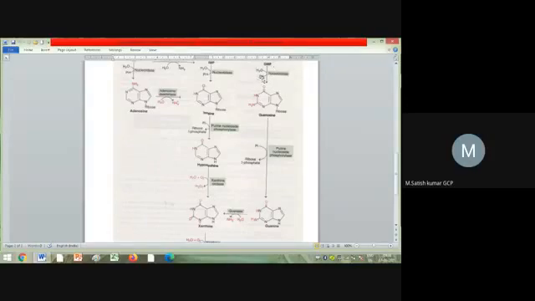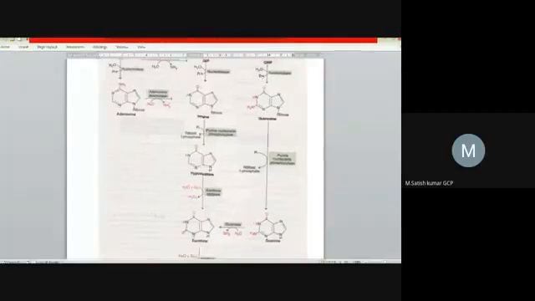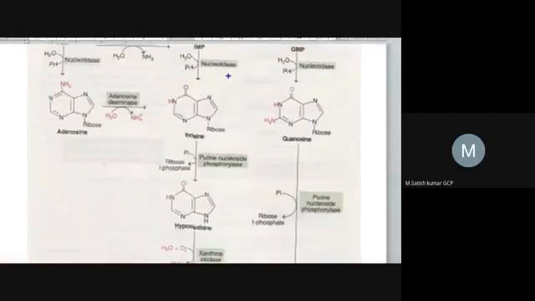Right. So in the first reaction, what is happening? It is the same reaction we have seen in the alternate pathway, that is the dephosphorylation reaction. The phosphate molecule is detached from the GMP, and now this GMP nucleotide gets converted into guanosine nucleoside. A nucleotide is converted into a nucleoside by detaching the phosphate molecule.